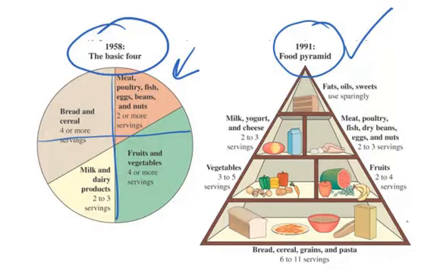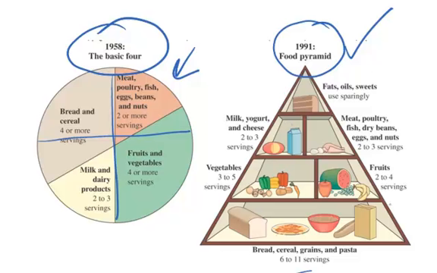They not only changed the number of servings, but they put it in the shape of a pyramid to show that you could get most of your diet from bread, grains, and cereals, and then the next level up, fruits and vegetables. You can see that the serving sizes had changed from 4 or more to 6 to 11 to try to get people to eat more grains and pasta and less meat and cheese, because meat and cheese carry not only the protein but also a lot of fat.